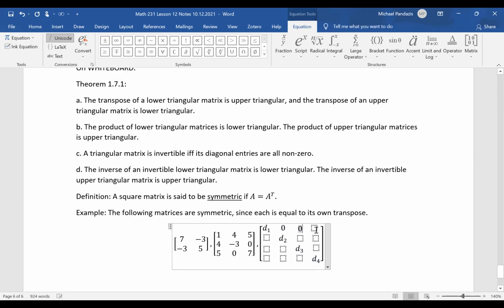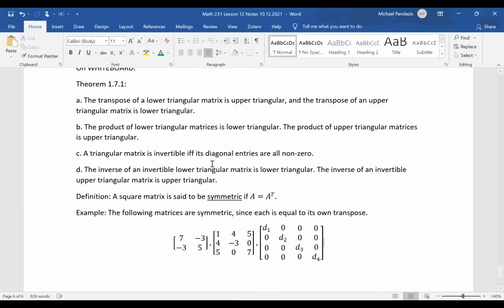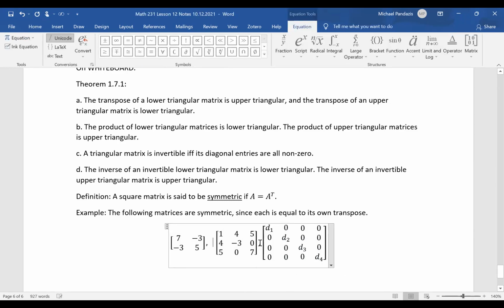This is also a symmetric matrix, because if you take its transpose, it's the same, right? Entries on the main diagonal don't move when you take the transpose, so all those entries stay in the same spot, and everywhere else is 0. The zeros move to other spots that are already zeros. You're just switching zeros, so it's still the same matrix after you take the transpose.